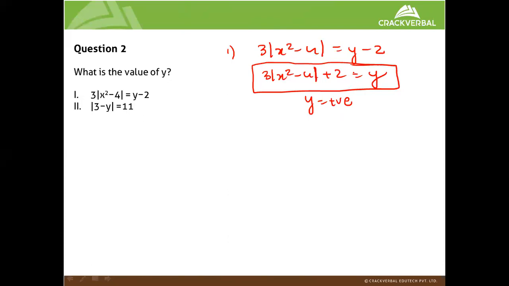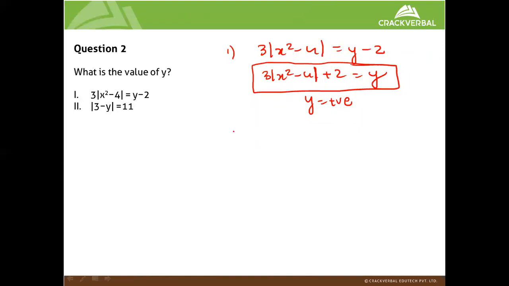Y has to be a positive quantity? Is that justified? I don't need to sit and solve for x here, because the question clearly is asking me what is the value for y. So the value of y depends upon the value of x, and I can plug in any value of x that I want. So I'm going to get multiple possibilities, right? But I know the first statement gives me one very critical piece of information, that y is positive.